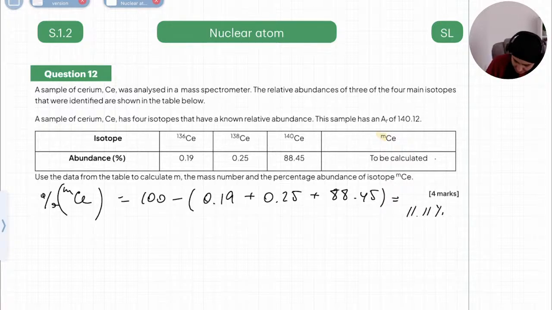It's here, 11.11%. And then normally, how do we calculate the relative atomic mass? We multiply abundance by the mass number, right? So it's this number times this number plus this number times this number, and you add it up throughout all the isotopes. And we know the relative atomic mass. So that's what I will do.